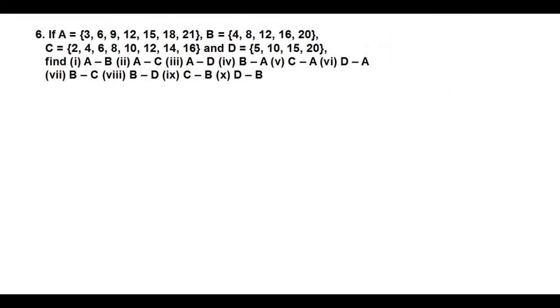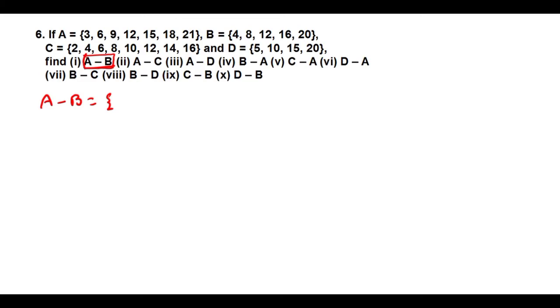Very important. And the next problem. Four sets are given. A minus B they are asking. A minus B means, first you write all the elements from set A. I am going to write the direct answer. A minus B means we should cancel the common elements from both.